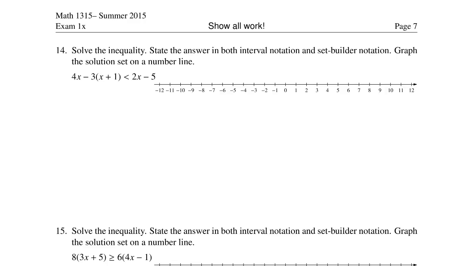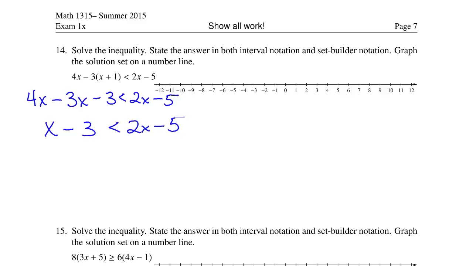Let's solve this inequality. State the answer in both interval notation and set builder notation, and then graph on the number line. So I'm going to start by distributing the 3. Then I'm going to combine the x's on the left. Next, I'm going to move the 2x from the right to the left.